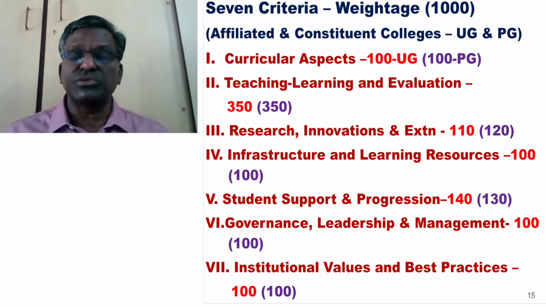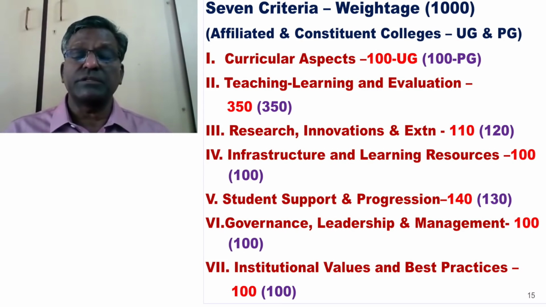Similarly, when it comes to teaching, learning and evaluation, there is no difference between UG and PG colleges. The weightage is the same, namely 350. But when we come to the third criterion, namely research, innovations, and extension, in the case of colleges which offer both UG and PG, it is 10 more than what has been allocated to affiliated and constituent colleges which offer only UG.